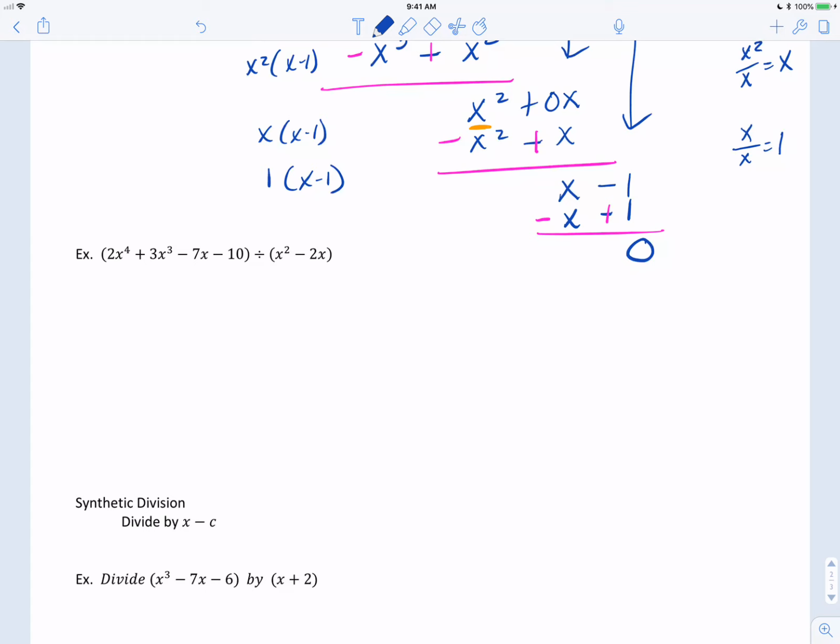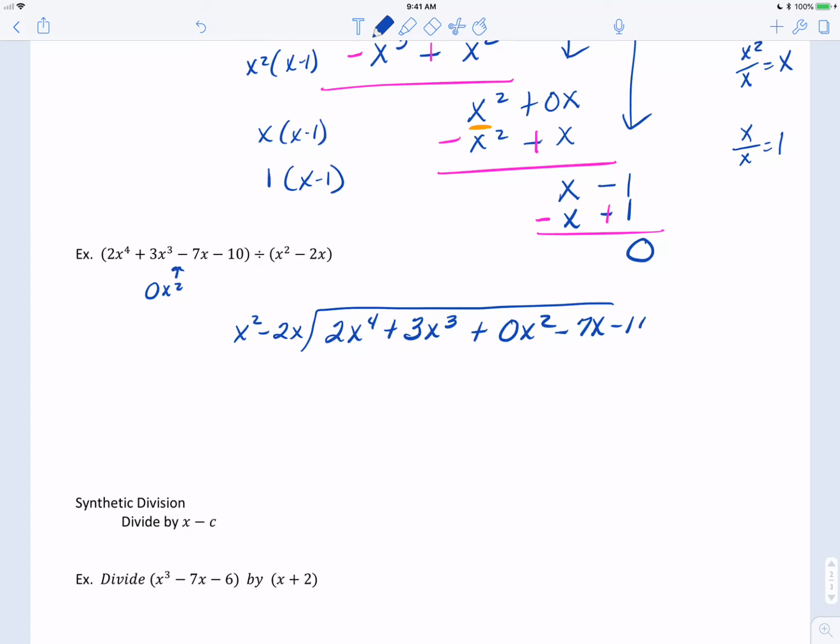Okay, let's do another one here. Two x to the 4th plus 3x cubed. We're missing an x squared. So notice there's no x squared, so we've got to put the 0 in there. Minus 7x minus 10. Okay, that looks like a long one.